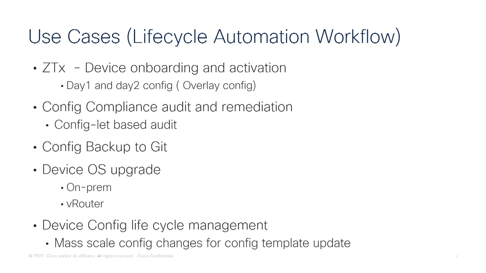From the device config lifecycle management perspective, we try to stick as much as possible with golden config or compliance audit and remediation for any config changes that we are pushing to the network. We want to capture changes as part of template updates, whether it's a config template update, a day one template update, or a config-led update, and do an audit and push.